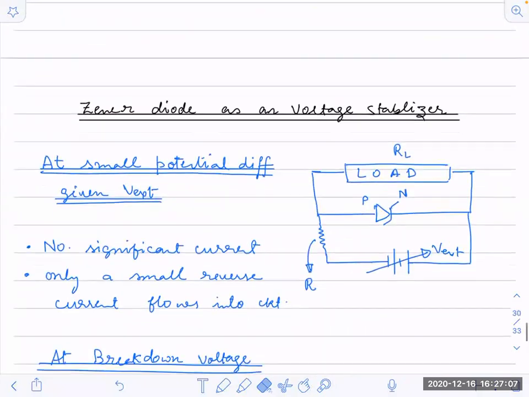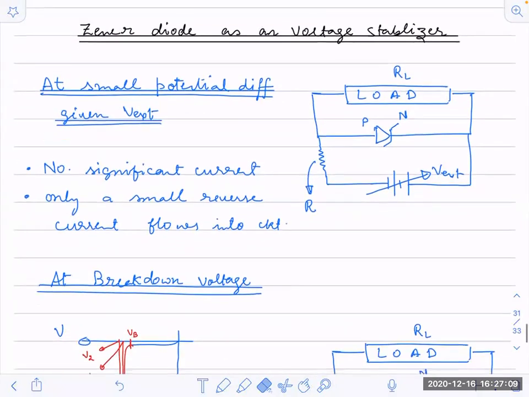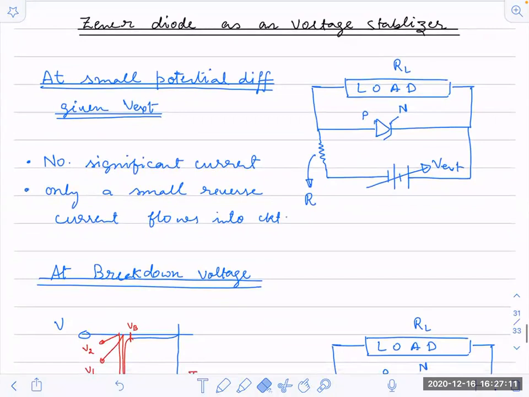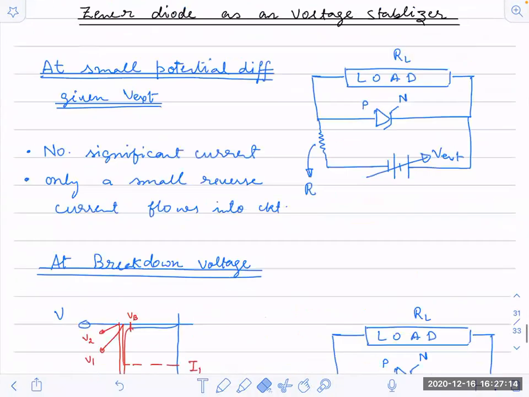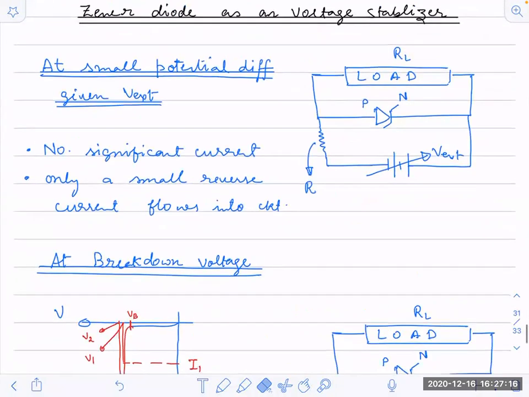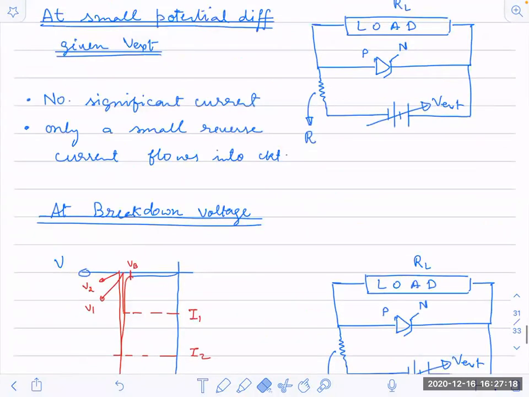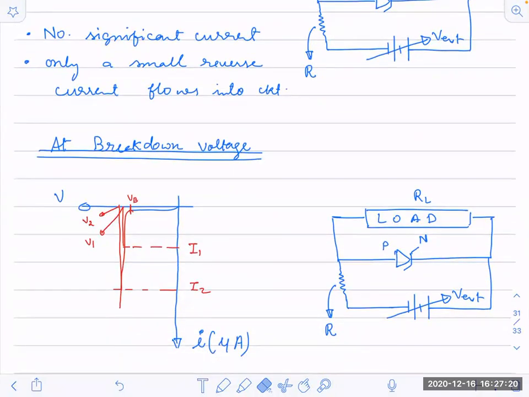So this was all about the Zener diode as a voltage stabilizer, and this is the circuit. So this is an important part. See, just try to understand this concept first of all.